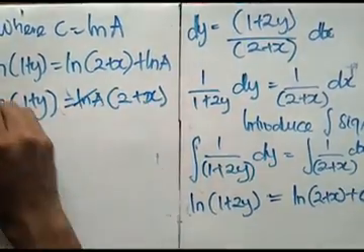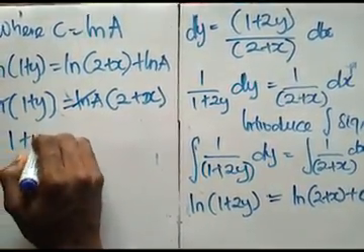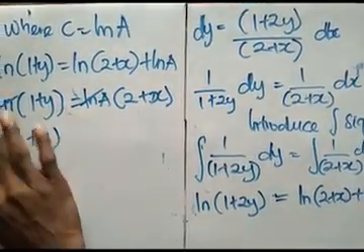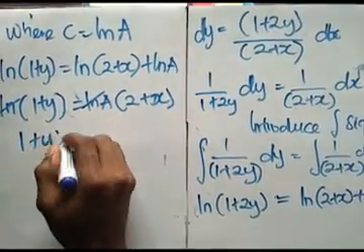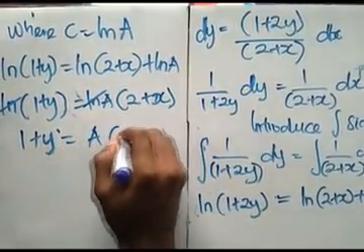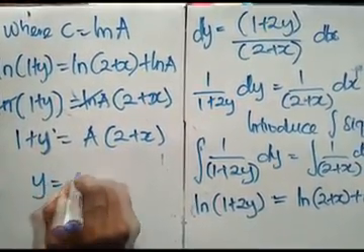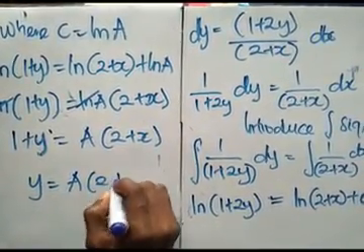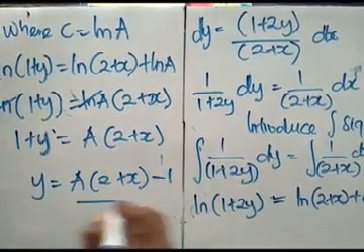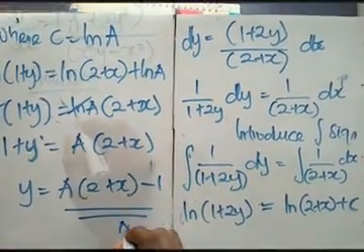I'll just remove the parentheses. By making y the subject of the formula, we obtain y = (a(2 plus x) minus 1) over 2. This is the final answer.